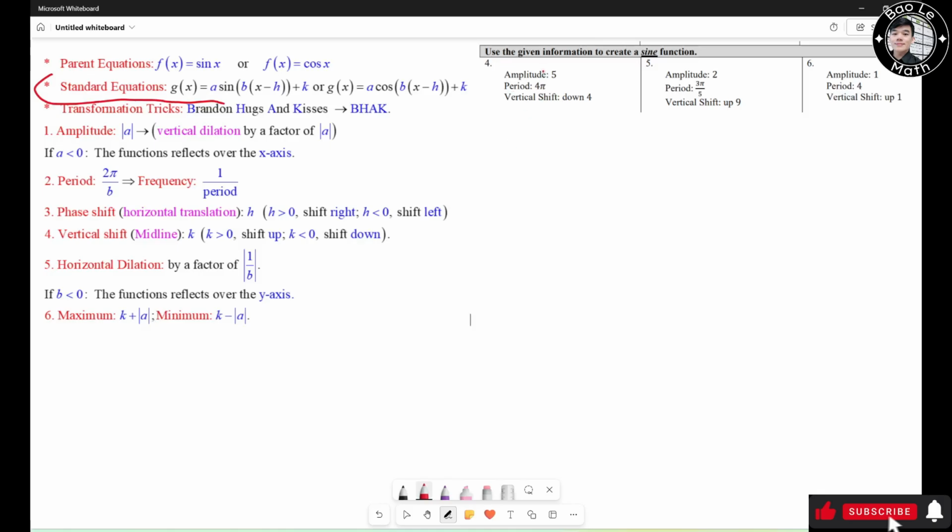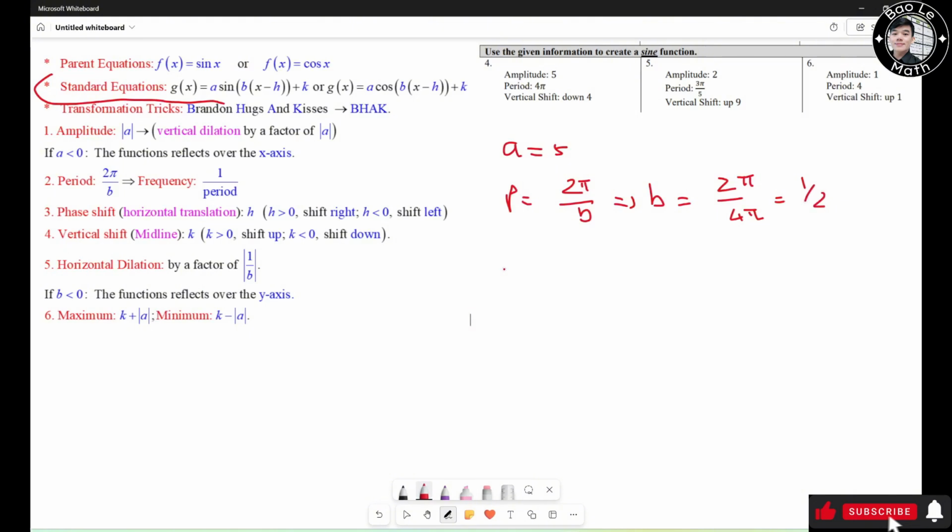So I have amplitude equals 5, so A equals 5. Period equals 4 pi, so I know that the period is going to be 2 pi divided by b, right? So then I have b equals 2 pi divided by period, which is 2 pi divided by 4 pi. So the answer is 1/2, right?